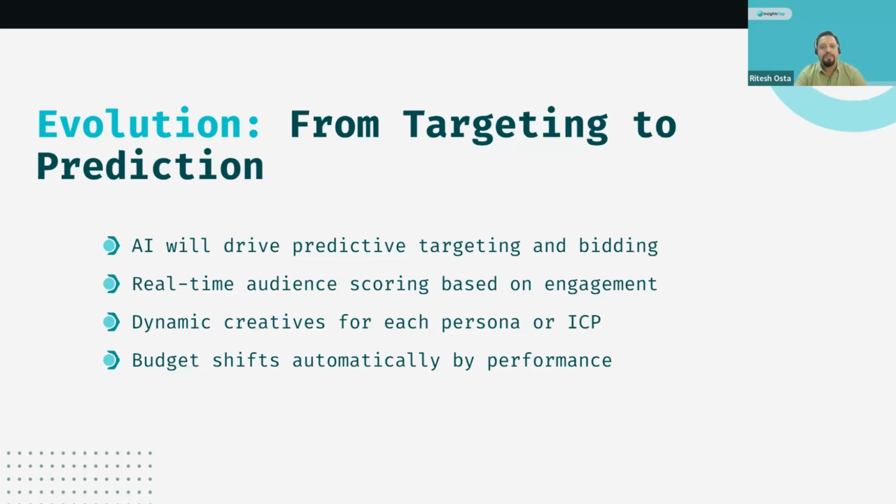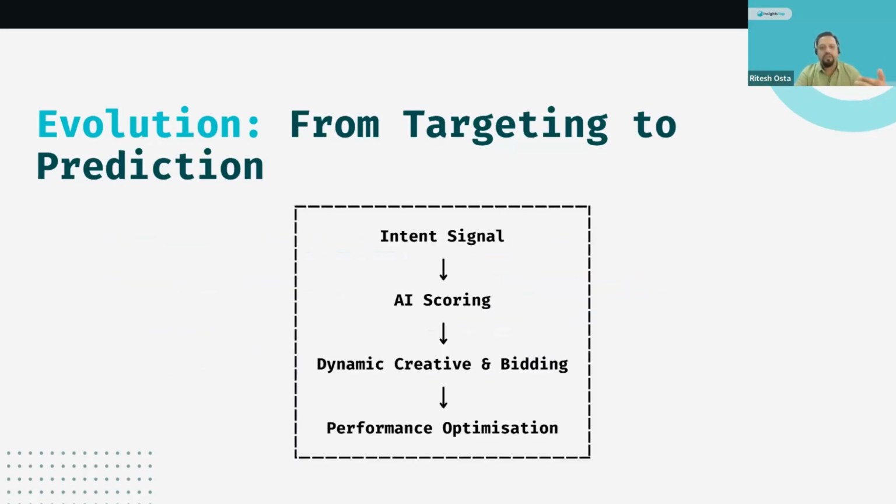Intent signals, AI scoring, dynamic creatives, bidding, performance optimization, a lot of stuff you can bring AI into. Companies are already bringing AI in. There's a lot of work going on. We are working with our customers on this area as well. We are also learning. I call myself a student in this area because we have had to unlearn and relearn a lot in the last couple of years, but the future looks bright.